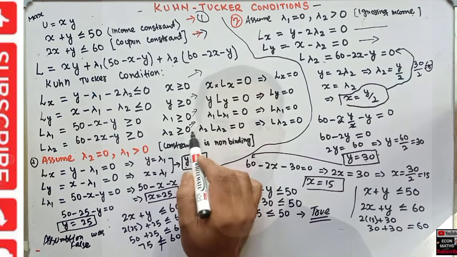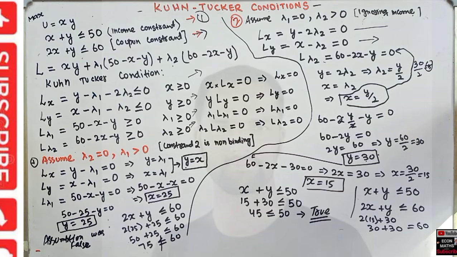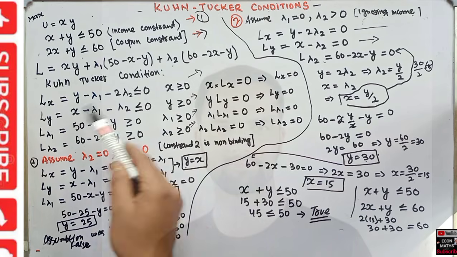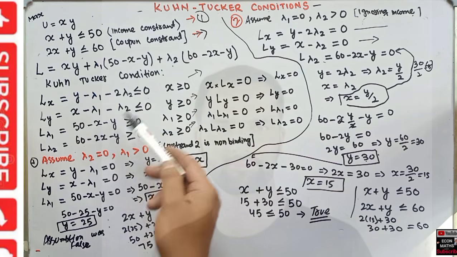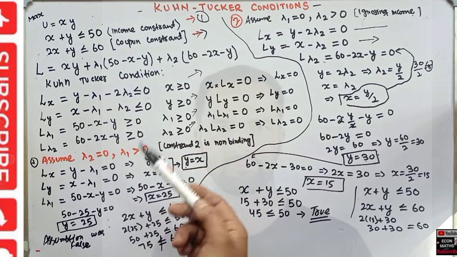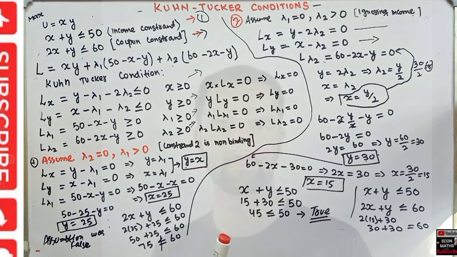That means this is also satisfied, and these things are also satisfied. If you just plug the values of x, y, lambda 1 and lambda 2, you can see that these very conditions are satisfied.